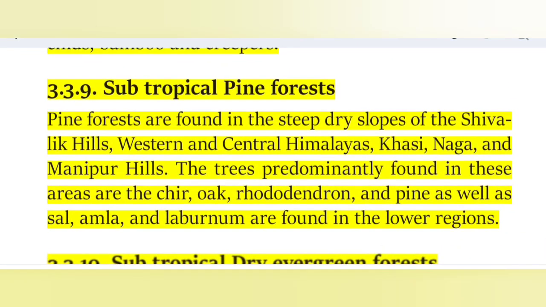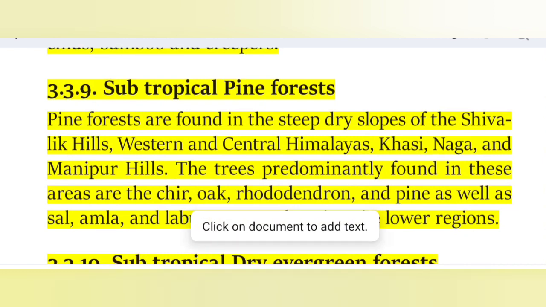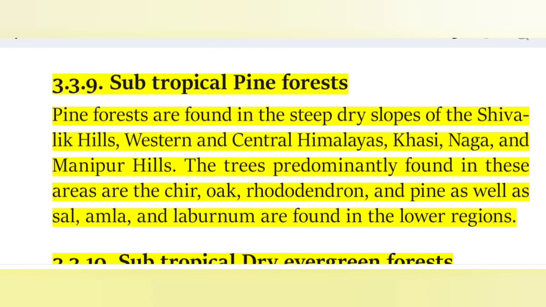Okay, next is ninth part, subtropical pine forest. So pine forests are found in the steep dry slopes of the Shivalik hills, western and central Himalaya, Khasi, Naga and Manipur hills.